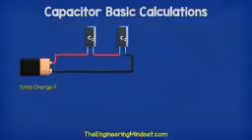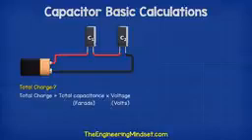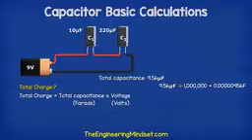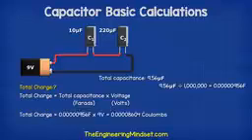The total charge of the series capacitors is found using the formula charge equals capacitance in farads multiplied by the voltage. So if we use a 9-volt battery, we convert the microfarads to farads and see the total charge equals 0.00008604 coulombs.